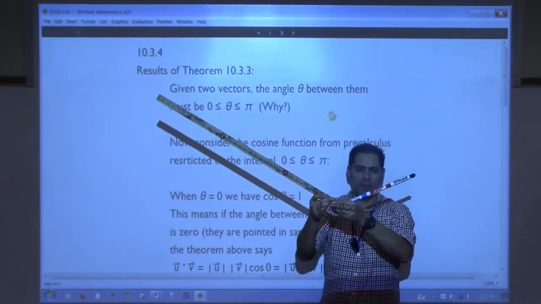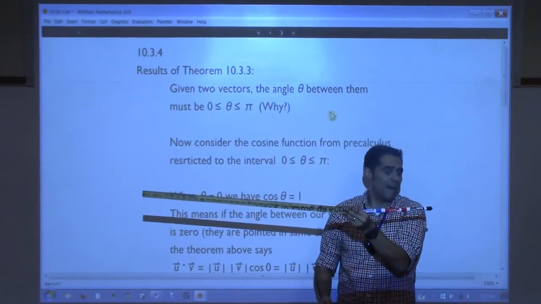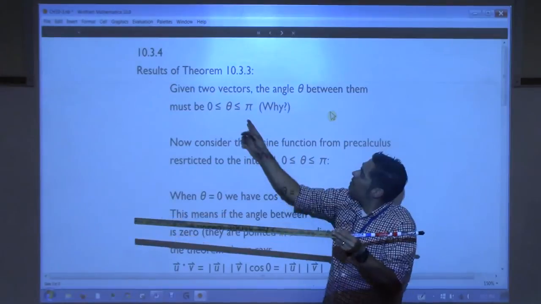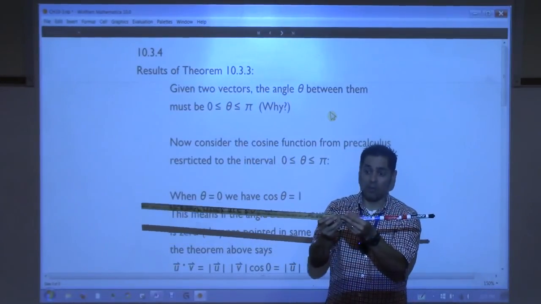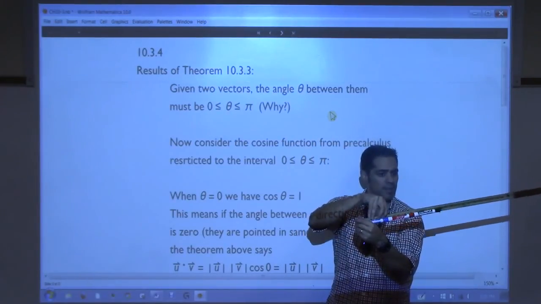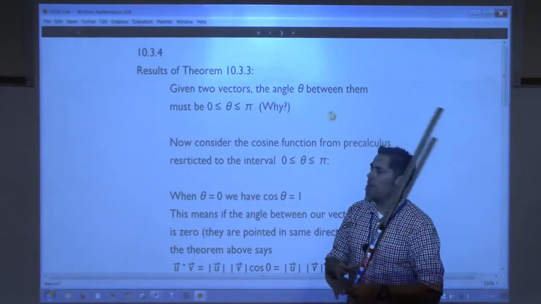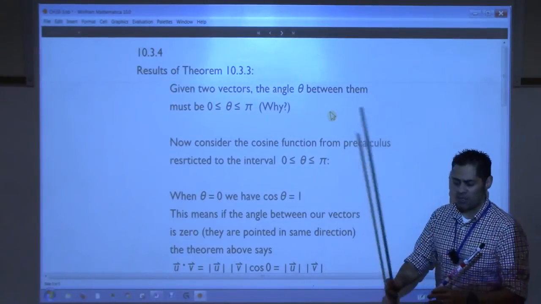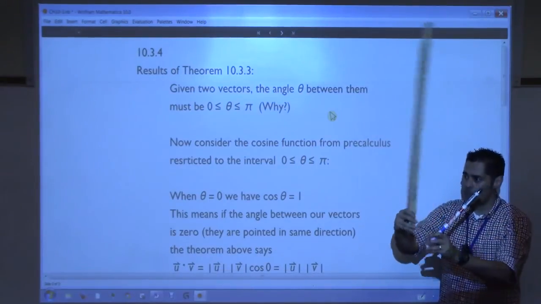So what about if they're pointed exactly in opposite directions? The angle between them is pi, isn't it? And it's okay to be pi. That's why it's less than or equal to. So it's either this, or you could also have parallel vectors that are pointed in the same direction, like this. What's the angle between those? 0. So no matter what, if someone gives me 2 vectors, the angle between them must always be between 0 and 180, yeah?